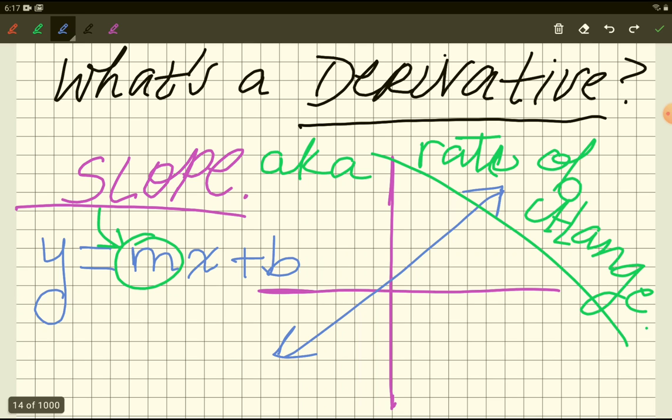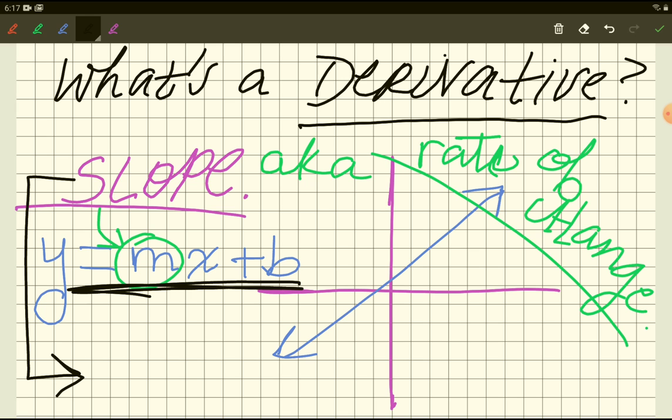Slope is really used with linear equations, something linear like this, because you've never really heard slope when it comes to a quadratic, or a cubic, or anything like that.